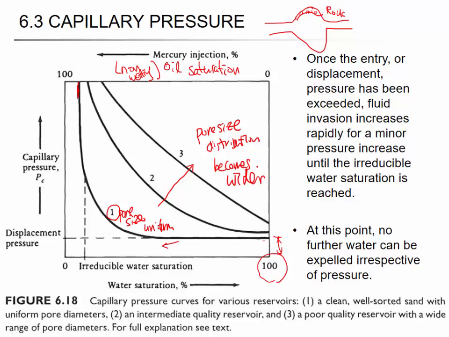So let's think about the pore size distribution. This is the case for 1, and this is the case for 3. So in the case of 3, the rock core may have small pores and medium-sized pores and large pores distributed. In the case of 1, the rock core will have uniform sized pores.